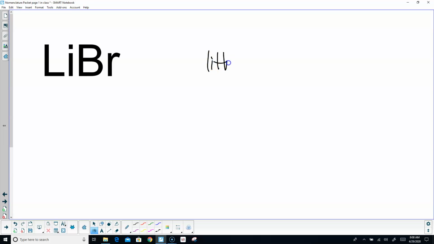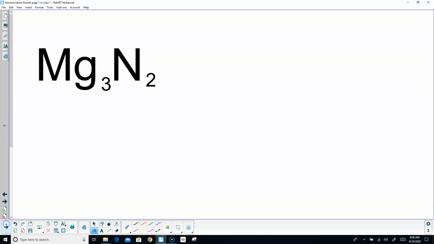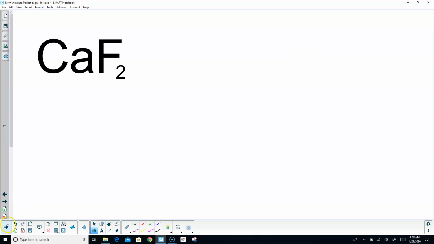This one would be lithium bromide. Magnesium nitride. And then we have calcium fluoride.